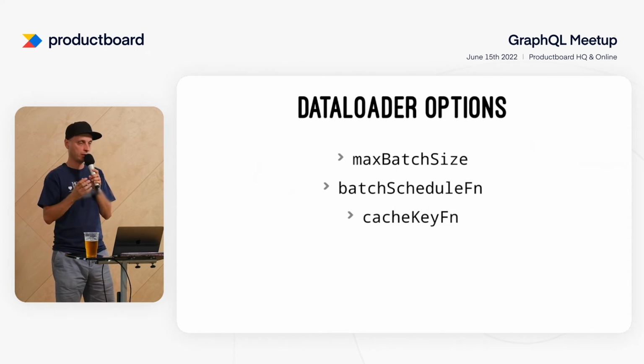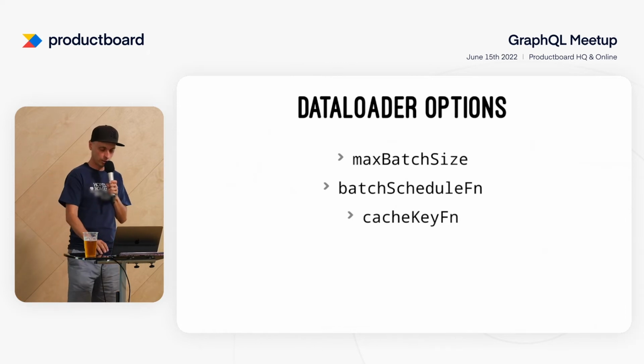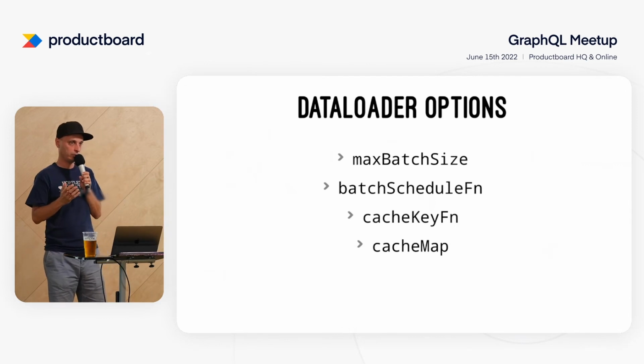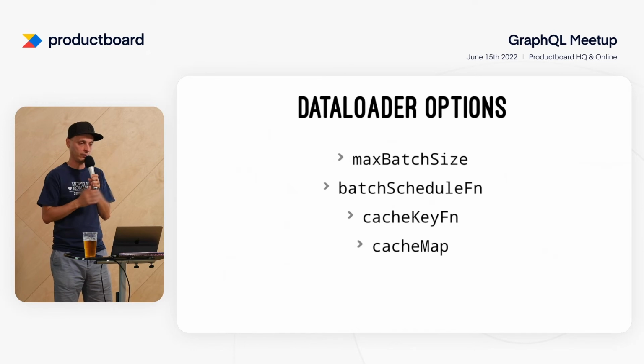Cache key function is another pretty handy option, because sometimes your key isn't just a scalar, just the ID. It could be an object, pretty common if you use MongoDB, where the ID is an object. So cache key function is a simple function that takes this object and provides some scalar you can use in your internal cache. And there is as well a cache map, because by default, the data loader uses the standard JavaScript map.